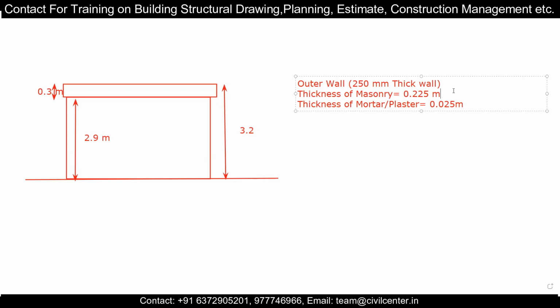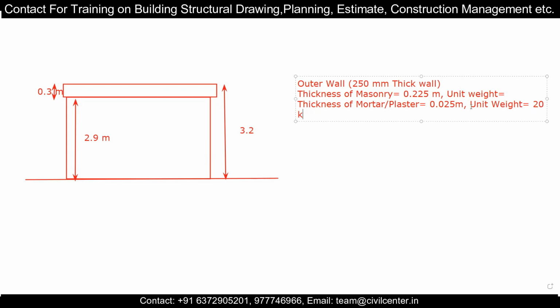And we'll have the unit weight of masonry here, and here also we'll have the unit weight. The unit weight of mortar, as you can know, is around 20.